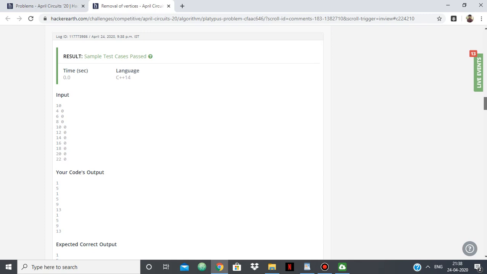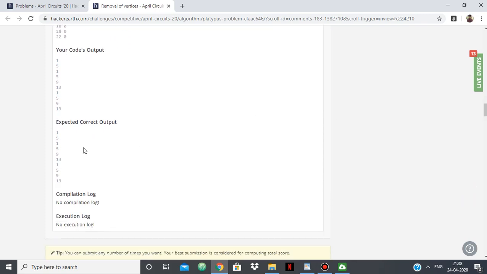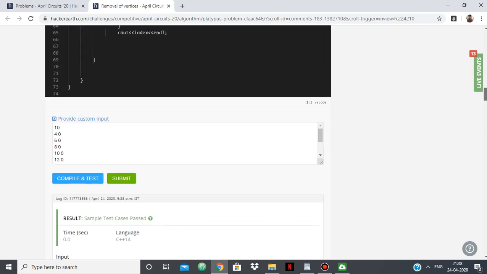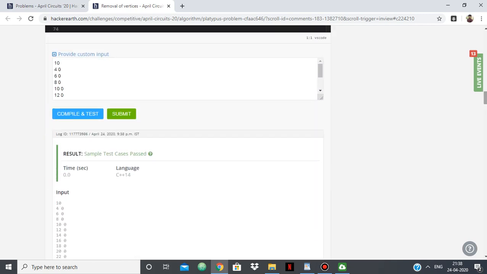Yeah. So let's just look at the expected correct output. It is like 1 5, then 1 5 9 13, then 1 5 9 13, and so on. What is happening is that the answer for every power of 2 is 1.